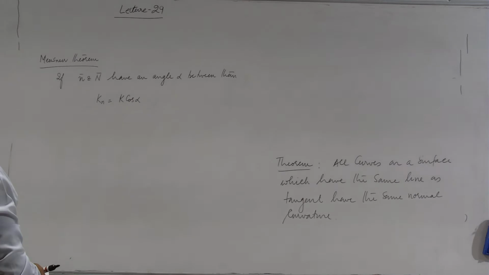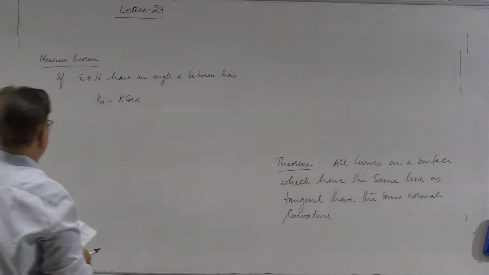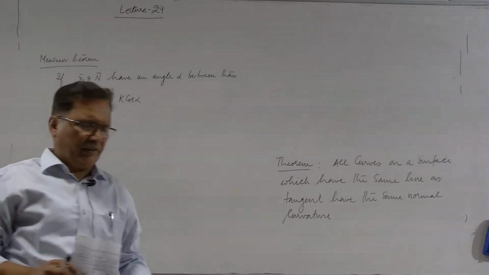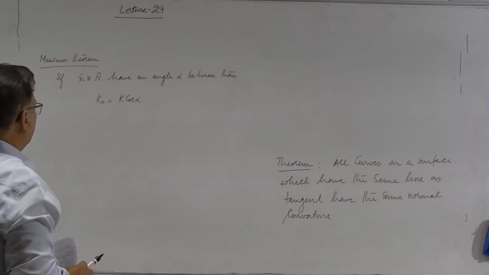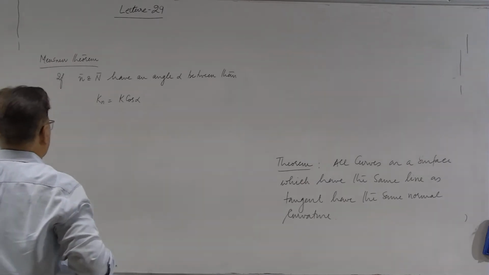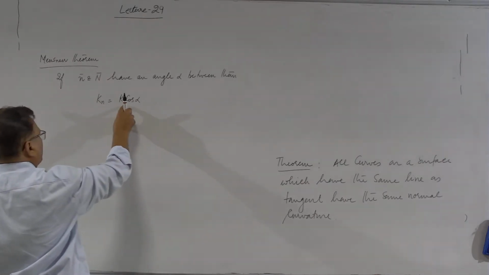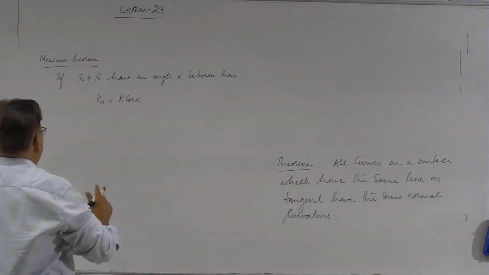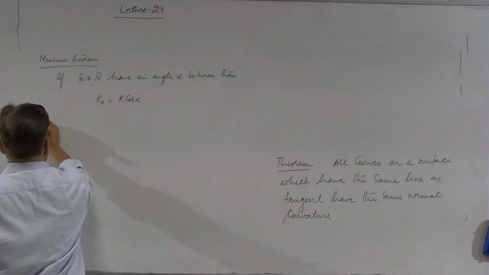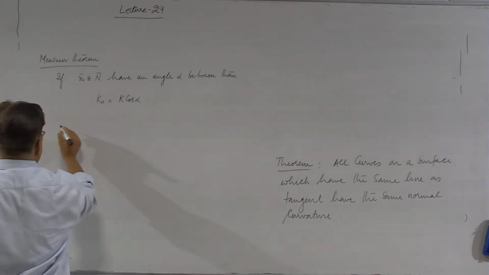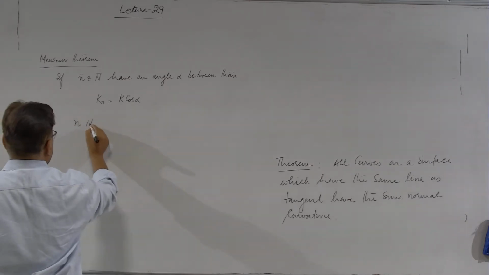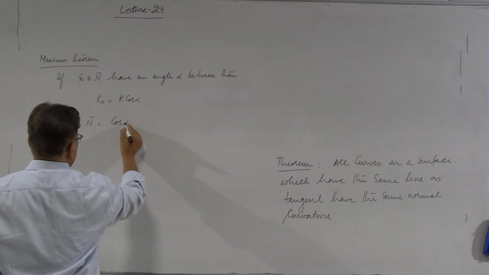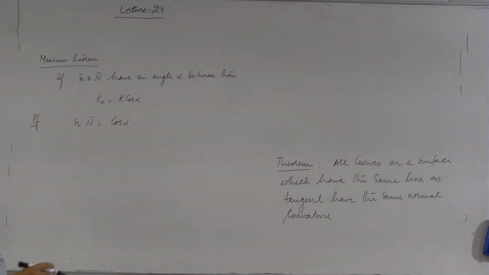It is easy to prove this theorem, and we can also realize that small n and capital N can have any non-trivial angle between them. If the angle between them is alpha, then the normal curvature Kn will be equal to the curvature of the curve times cosine alpha. As small n and capital N are unit vectors, n dot N will be cos alpha.